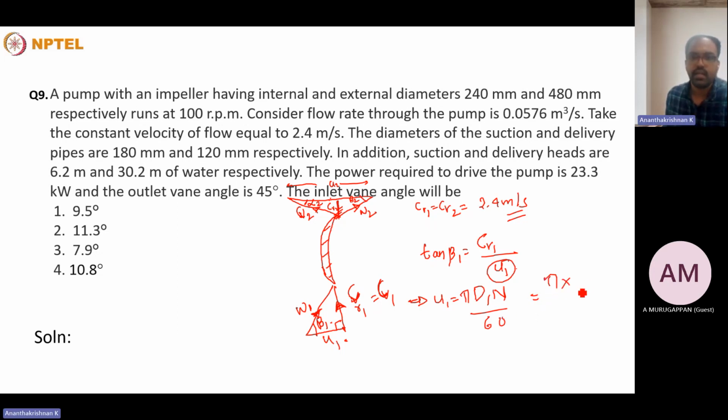The inner diameter at the impeller of the centrifugal pump is 120 mm.